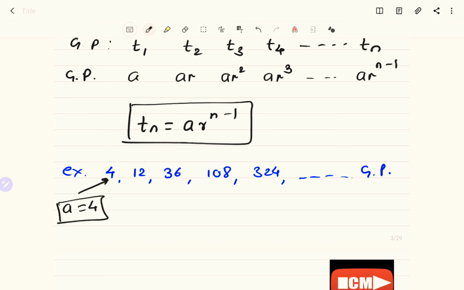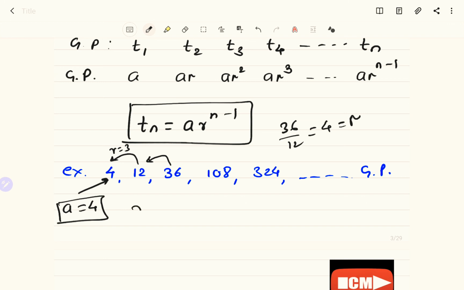If you take the ratio of any two successive terms, like 12 divided by 4, is it 3? So the ratio in this case is 3. If you divide 36 by 12, you will get 3, and that is nothing but R, the common ratio.